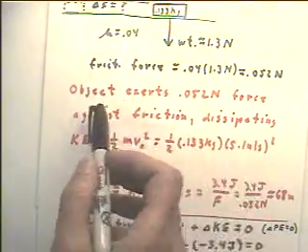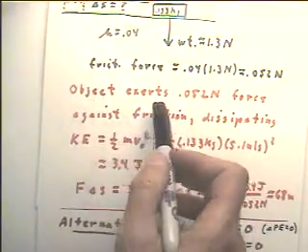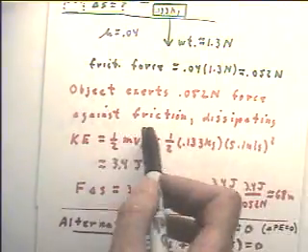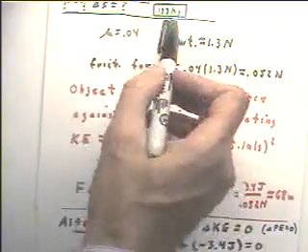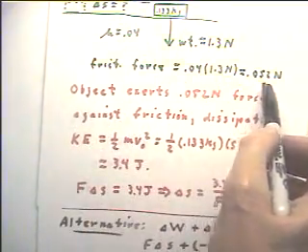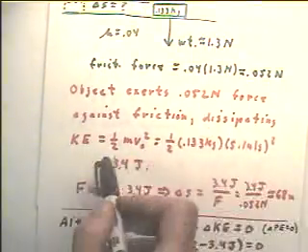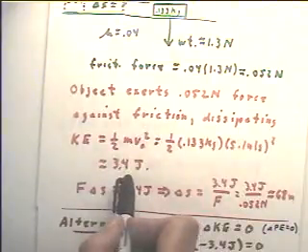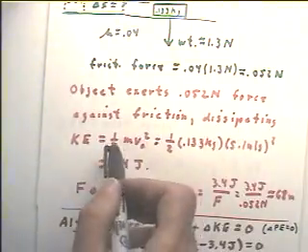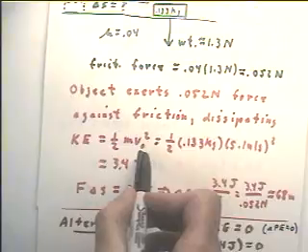So the situation is this. Since friction is pushing it back with a 0.052 newton force, the object has to exert a 0.052 newton force against friction, and that's going to dissipate the kinetic energy of 3.4 joules, which can of course be gotten by taking 1/2 m v0 squared.